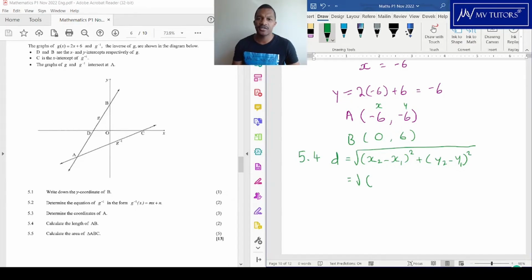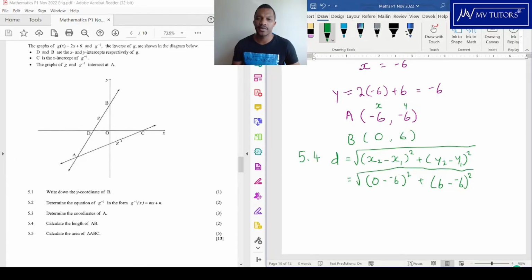So x2 is 0, minus x1 is minus 6, and then I square it, plus y2 is 6, minus y1 is minus 6, squared.